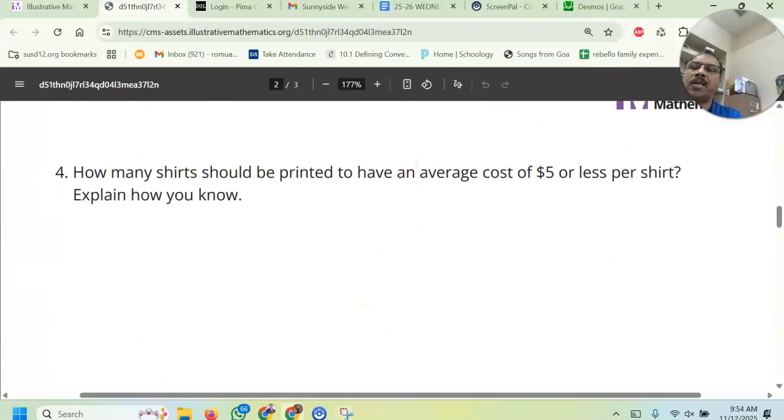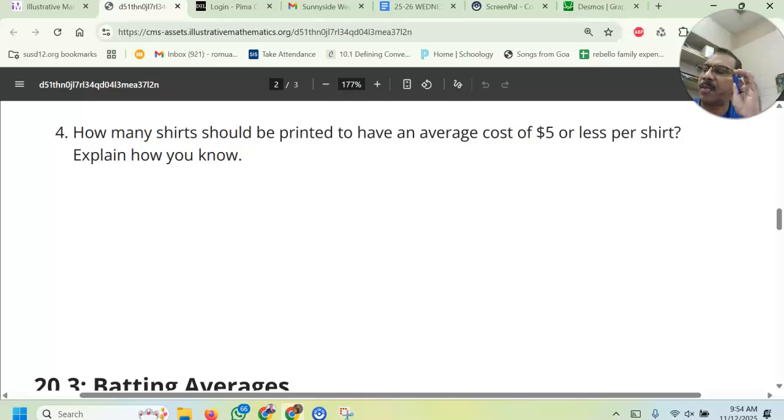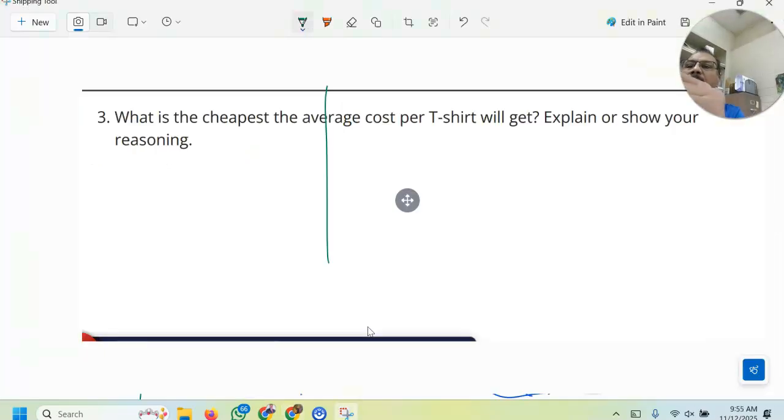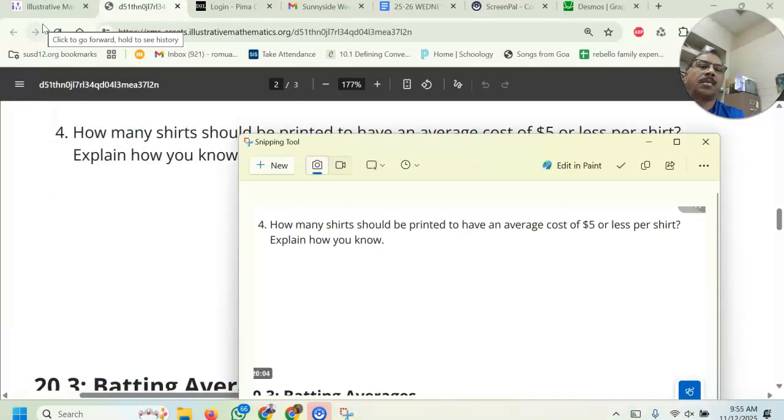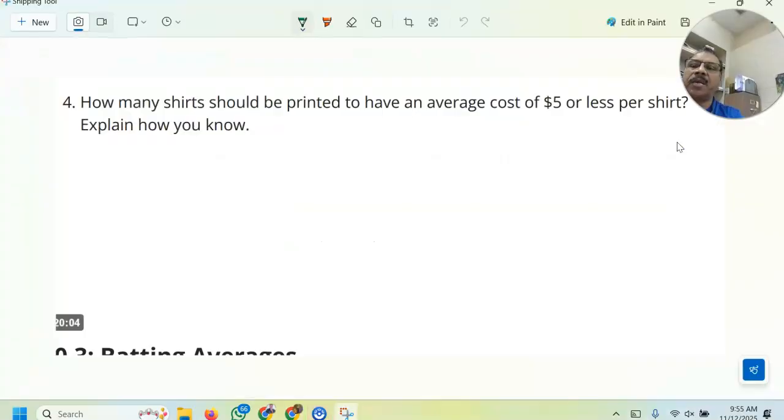Look at this. Next question, how many t-shirts, do you have this on your paper? How many shirts should be printed to have an average cost of $5 or less per t-shirt? So what you do is you put the equation. Let's put that equation because Cx was 4.25x plus 35 divided by x, right?